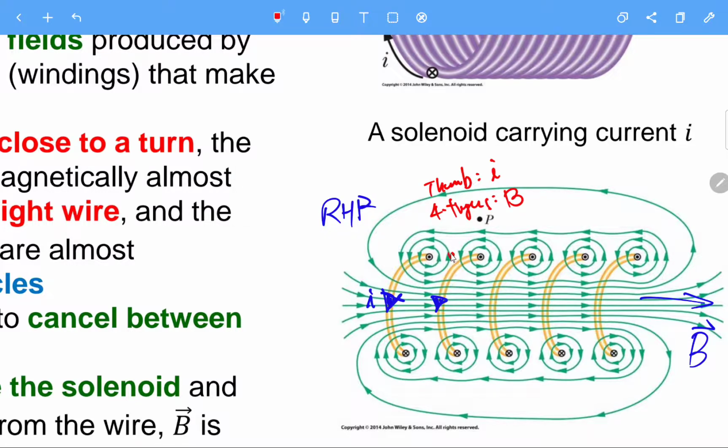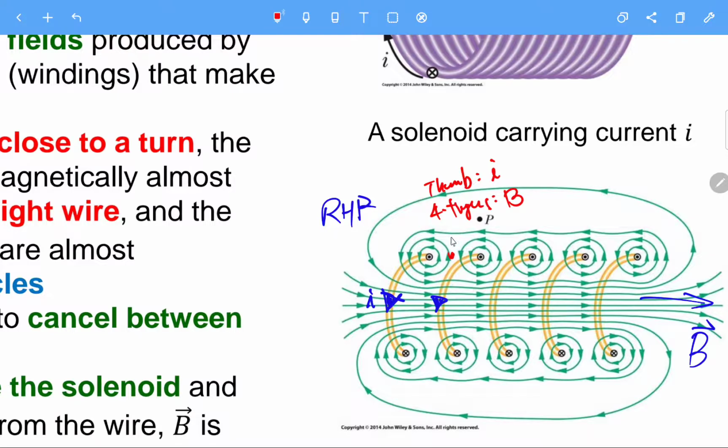Of course, not exactly. If it is not exactly at the middle point, then the B field cannot be perfectly cancelled, but the B field would be cancelled by a portion, depending on the point there.